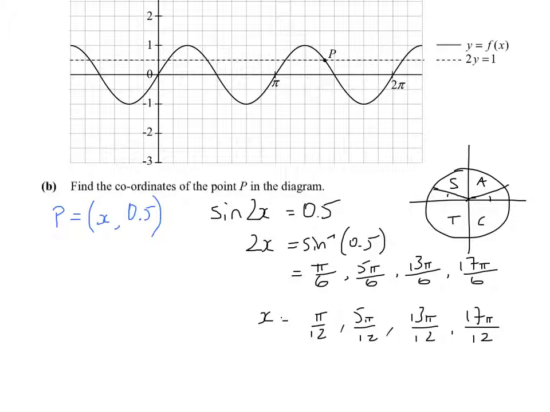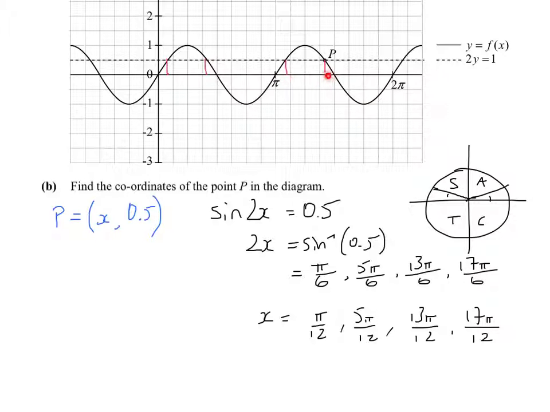And more specifically, we can think about where exactly that value of the x-coordinate of P actually is. If we think about these 4 solutions we found so far, we have pi over 12, 5 pi over 12, 13 pi over 12, 17 pi over 12.